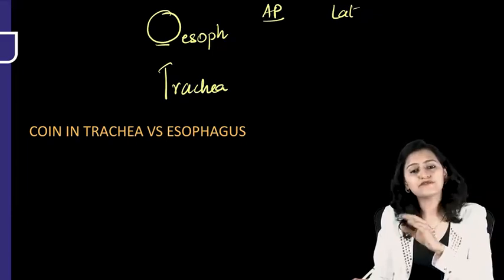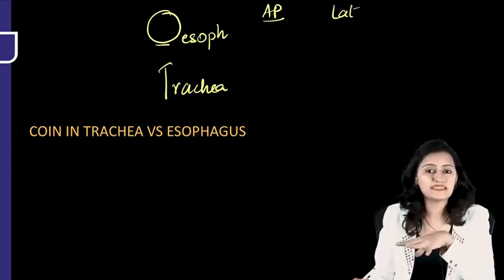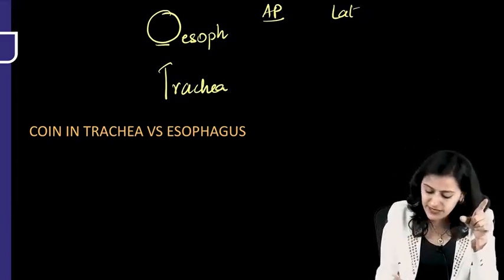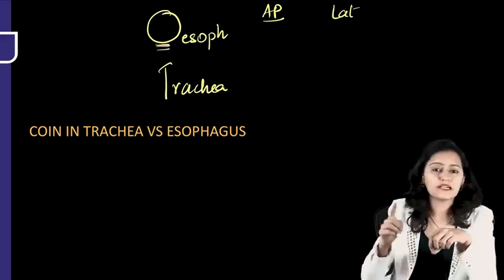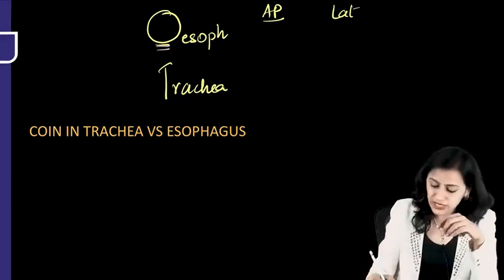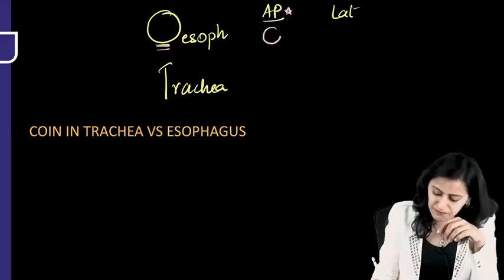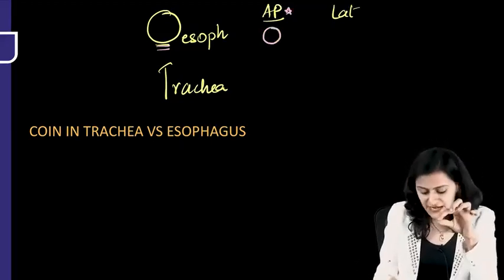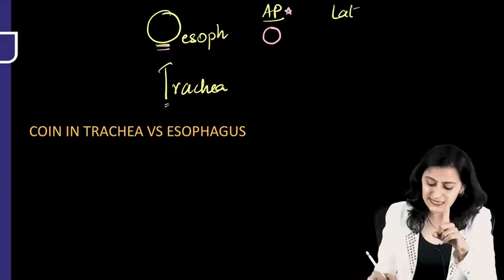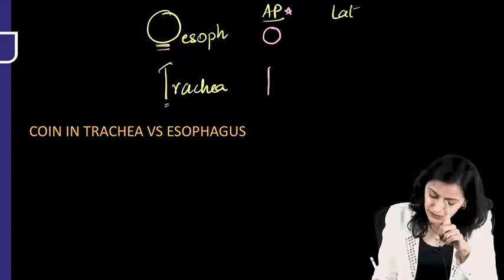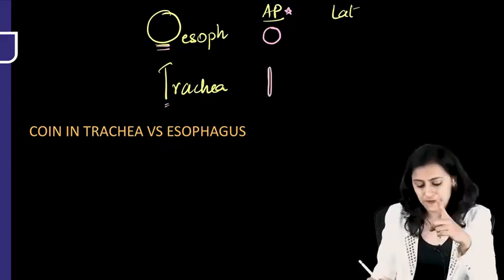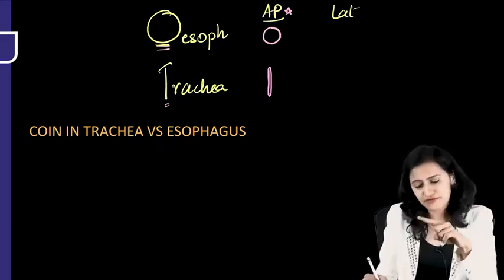Now, how do you differentiate a coin in the trachea versus a coin in the esophagus? When I write esophagus, the O is a circle, so in the AP view, the coin appears circular. When we write trachea, the T is like a slit, so in the AP view, the coin appears like a slit. The opposite happens in the lateral view.